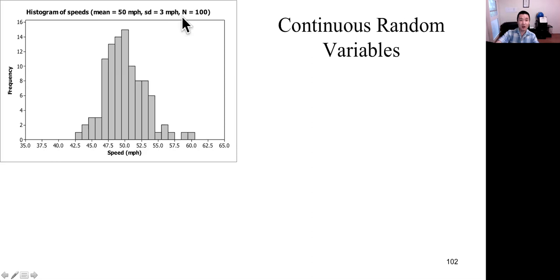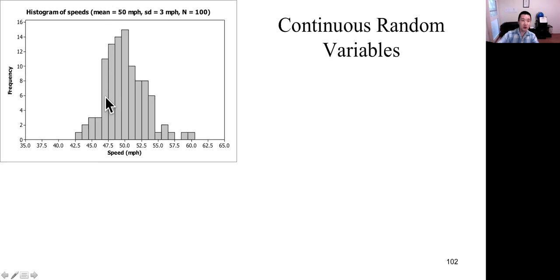The number of cars is 100. This is a histogram of the frequency for the speed of the cars. So we can put the width of each rectangle as 1 mile per hour.